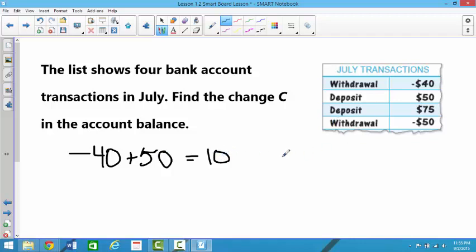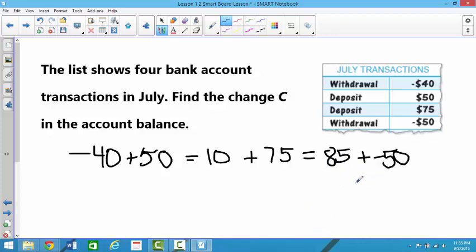Now we have to add to that our next number, which is 75. Well, that's a positive plus a positive. When it's a positive plus a positive, we just add and keep the same sign, so our answer is going to be 85. And then we add to that the last number, which is a negative 50. Okay? So we have 85 plus a negative 50.